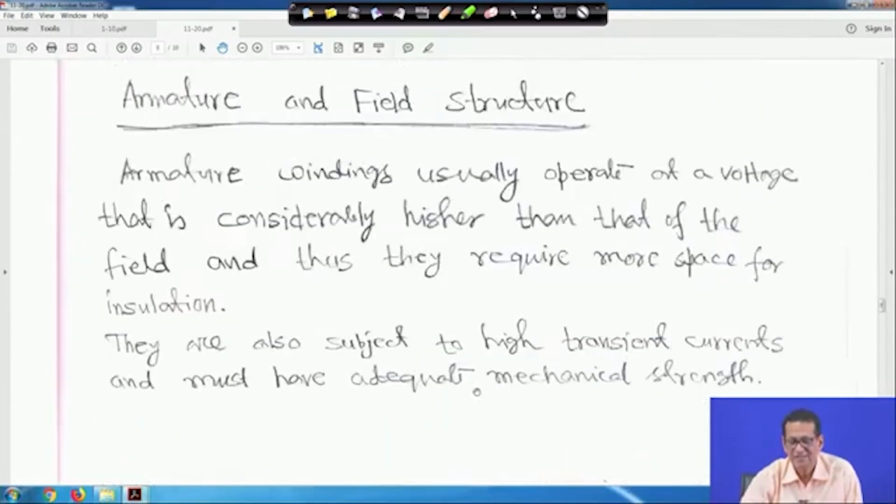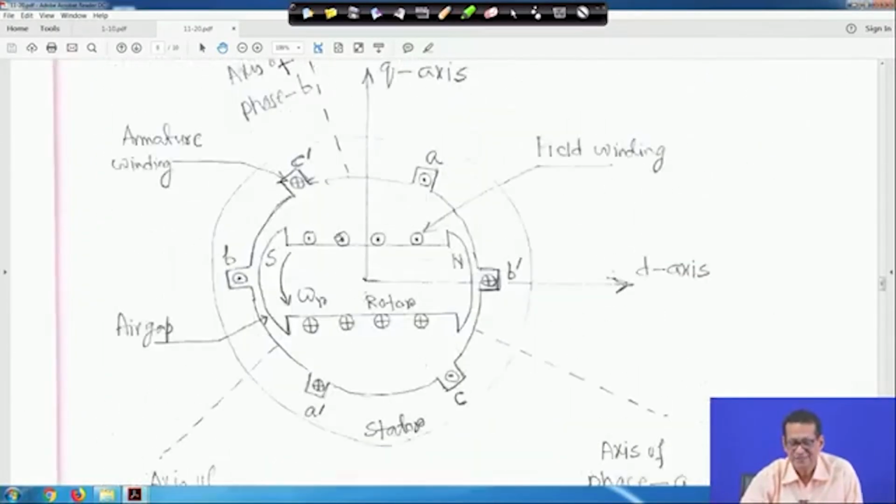Actually, how do they do it? This field is on the rotor, and you need a DC supply, right, and the rotor is rotating. Suppose it is a 2-pole machine at 50 Hz; that means this synchronous generator is rotating at 3000 RPM, right, and this DC supply actually comes from somewhere.